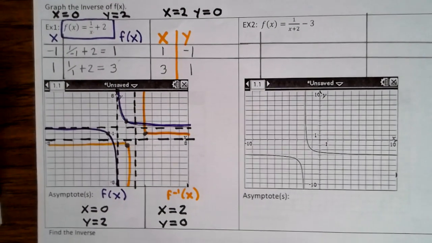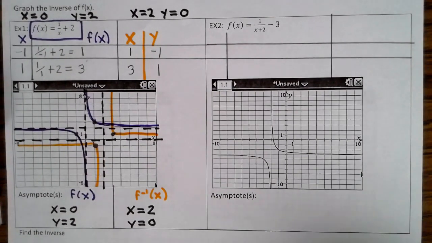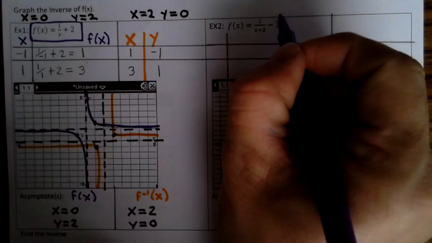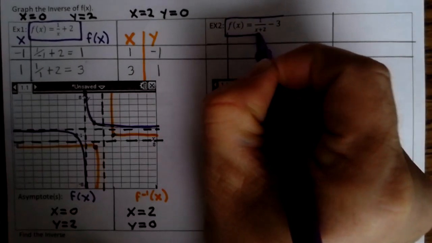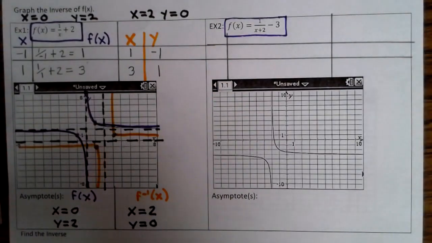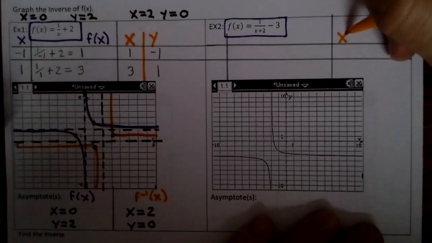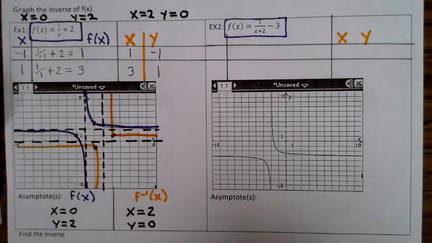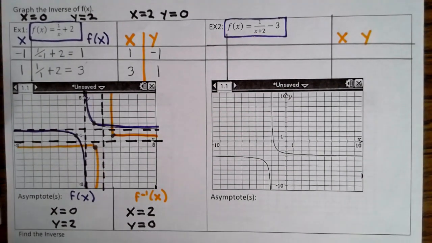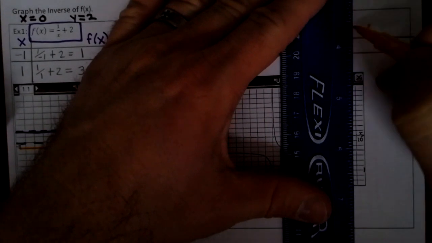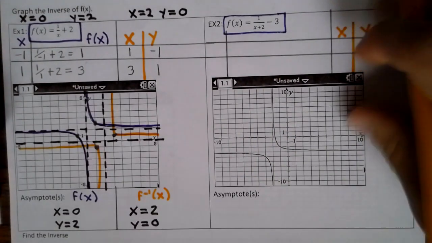All right, so again, we're going to do f of x in purple. And we're going to do the inverse in yellow. All right.